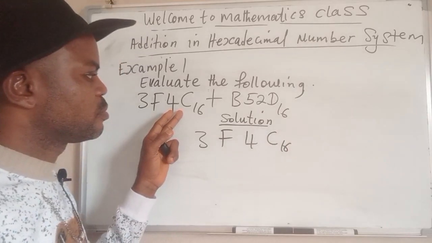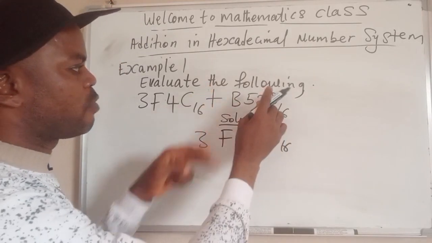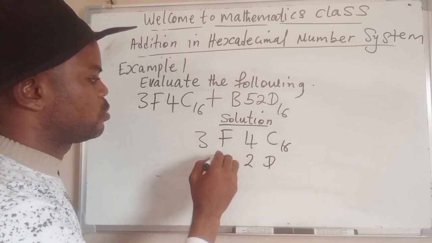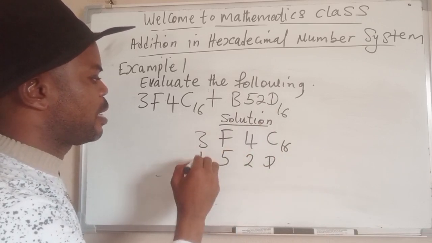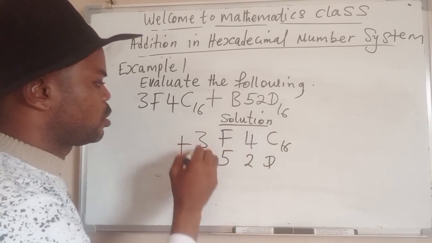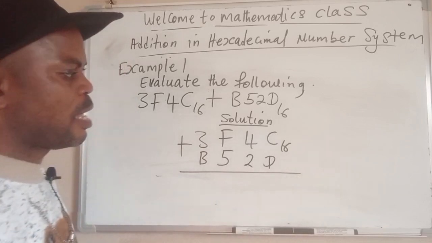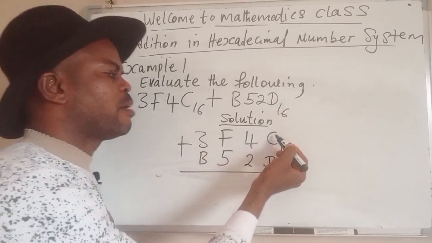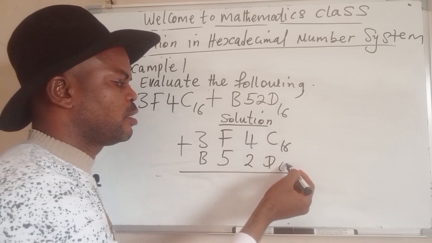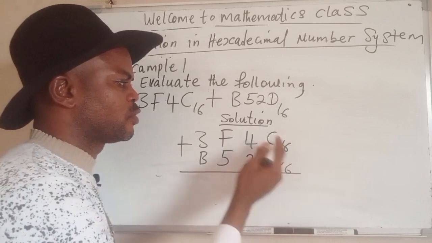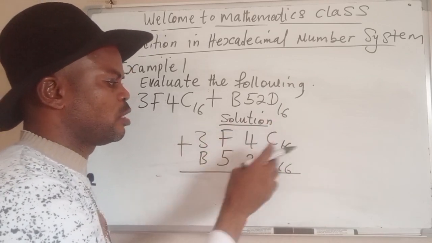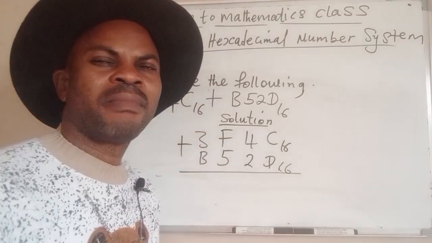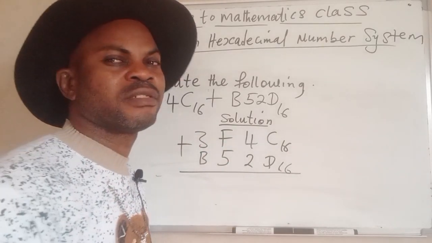Then the last one, arranged from the end, is B, 5, 2, D. We are adding. Remember, even if the base was not given to you, for the fact that you see alphabets such as F, C within the numbers, your mind should quickly go to base 16, hexadecimal.